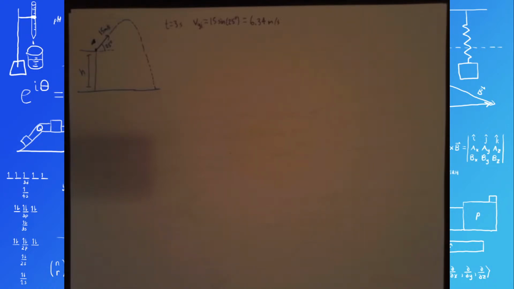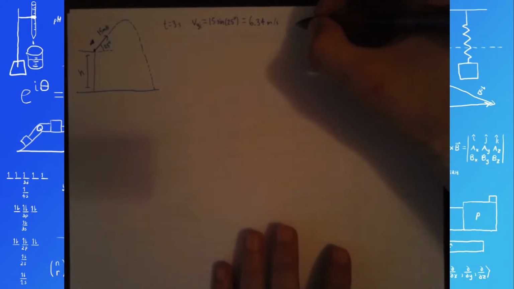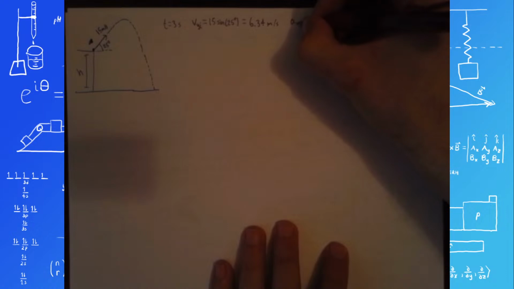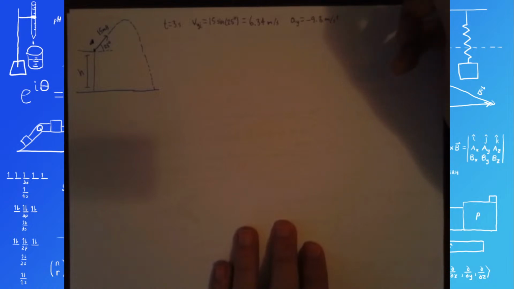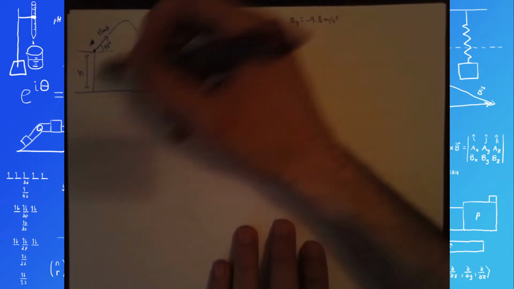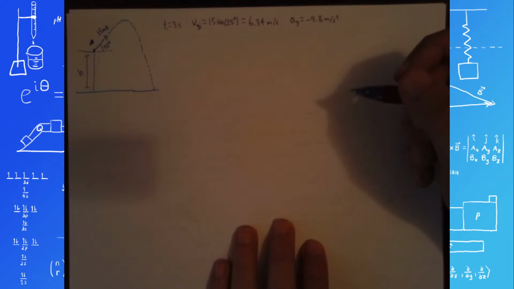Okay, so we have 3 pieces of information, because we know the third piece is acceleration in y is negative 9.8. So we can solve. I want to find h, which is going to be related to delta y.